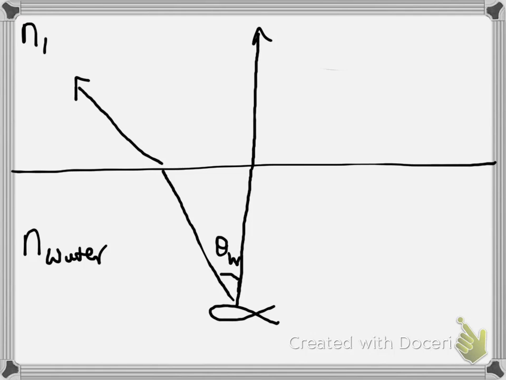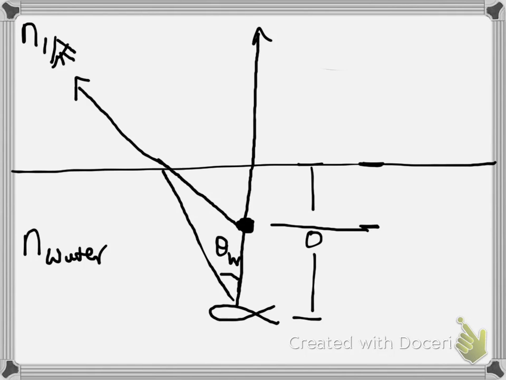So if I have an eye here, with some eyelashes, okay, then they're going to see the fish. If I trace this back, they're going to see the fish right here, when in fact the fish is a little bit lower, right? So we call the distance from the fish to the surface the object distance. And the distance from the fish's image to the surface, we call the image distance.